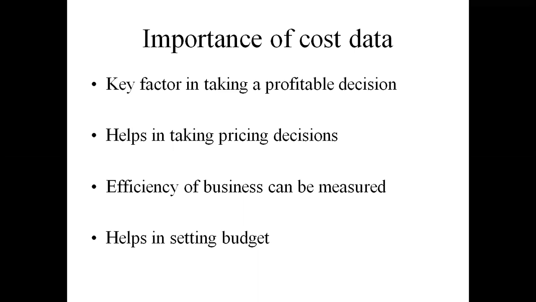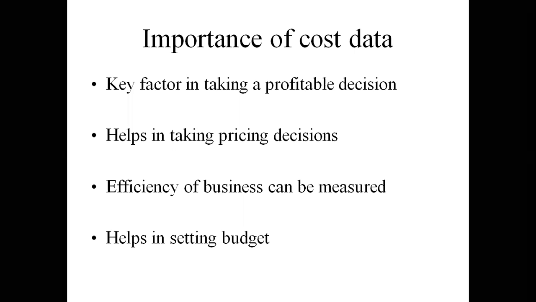So in order to make an effective and realistic budget, the business requires its cost data so that it can allocate a certain amount of finance for that expenditure. Otherwise, if the business is unaware of the cost data, then whatever budget they set will not be a good budget.